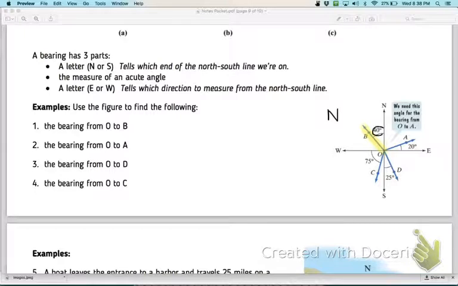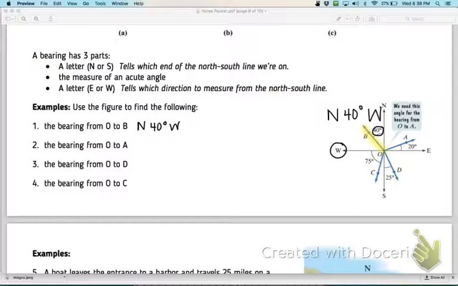Then we need the measure of the acute angle from the north-south line towards that angle. So that is going to be 40 degrees. And then it's pointing to the west, so it's north 40 degrees west. That is what we end up with. North 40 degrees west would be the bearing from O to B.